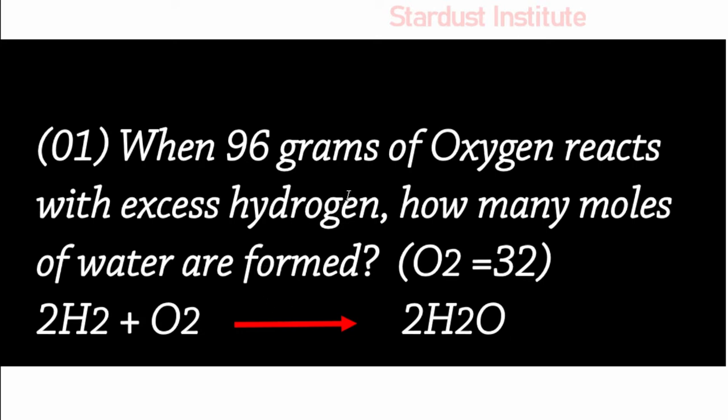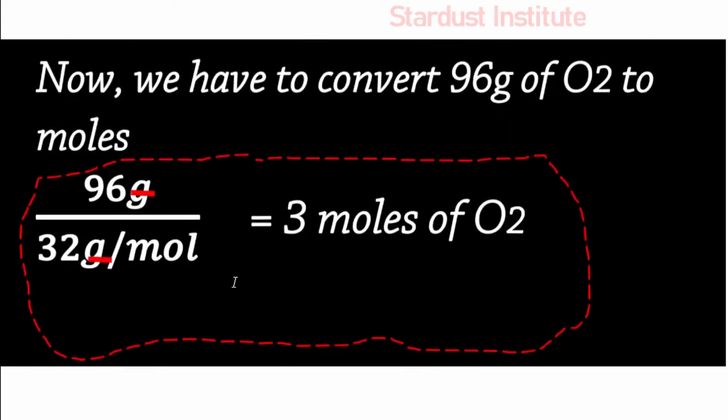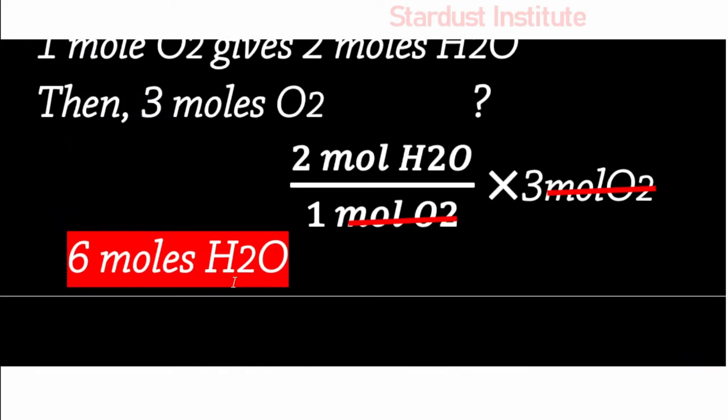When 96 grams of oxygen reacts with excess hydrogen, we get 6 moles of H2O.